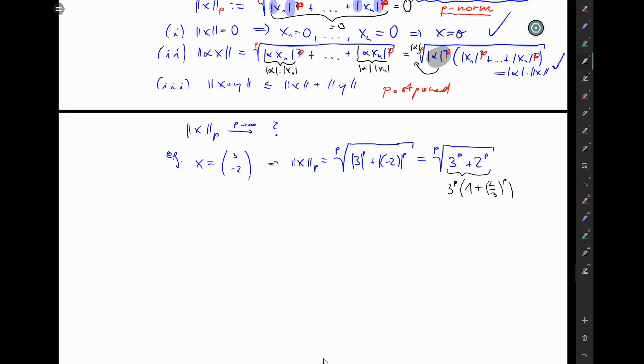Now this 2/3 term here is between 0 and 1. And that's because we are dividing the smaller one here by the larger one there. So we are factoring the largest of all out to the left.